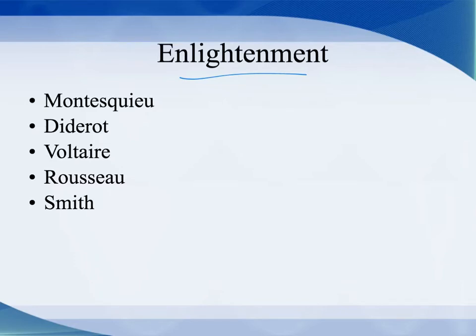And for the most part, the Enlightenment philosophers met in salons in the larger cities to discuss their ideas. Most of them did not completely reject religion or God altogether. Most were actually deists, or they practiced deism.